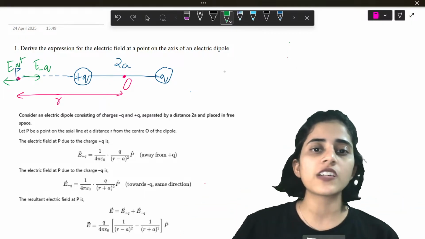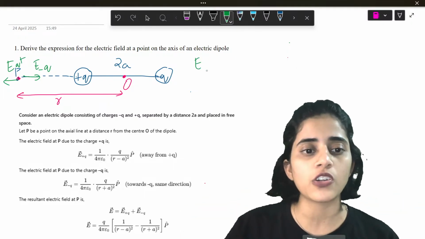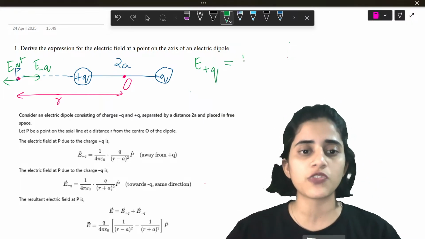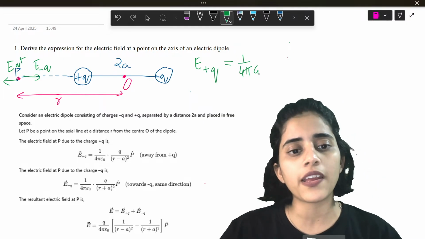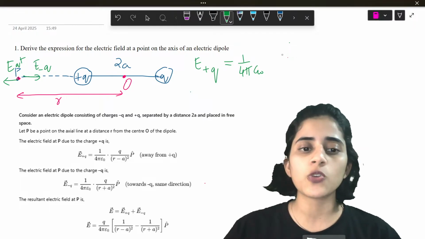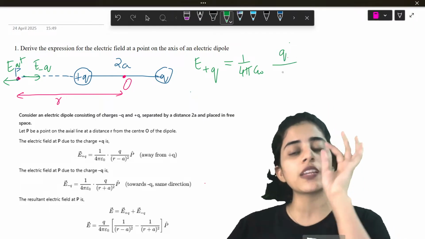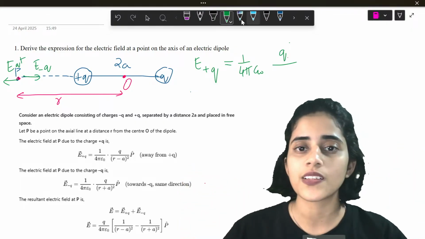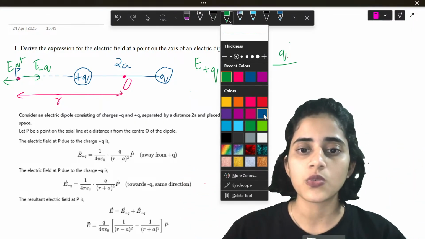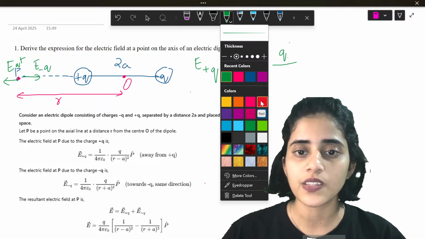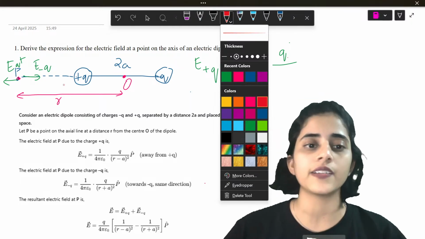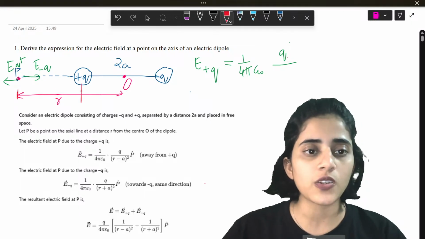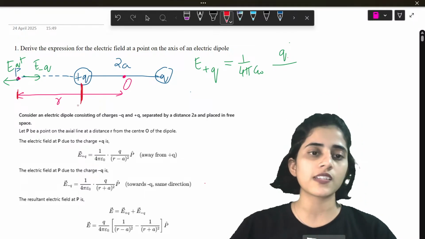Let's first write down the electric field because of plus Q. The general formula for electric field is 1 by 4 pi epsilon naught Q by the distance between the point and the charge squared. What is the distance? This is the distance from P to plus Q. How much is it?